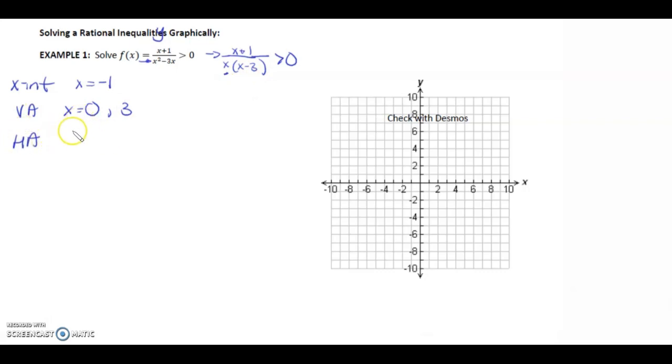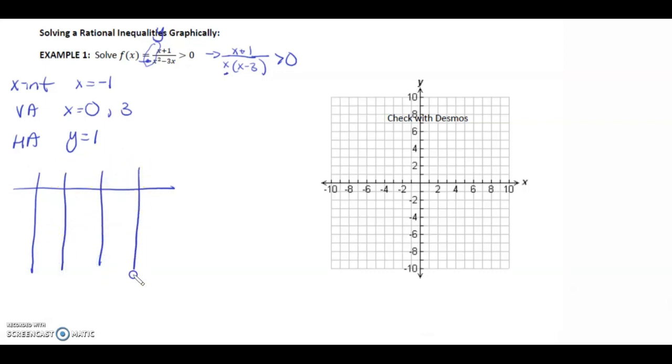And let's solve for the horizontal asymptote, because this is rational, right? So it's going to be y equals, well, the degree in the denominator is 1 greater than the degree in the numerator, so y equals 0.